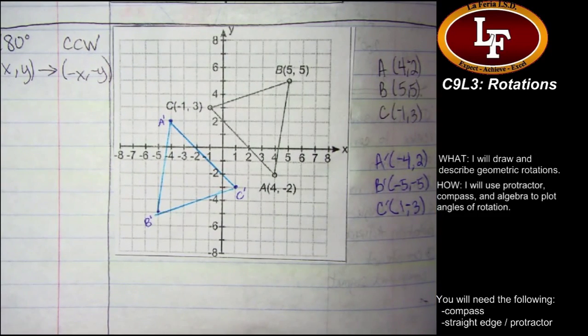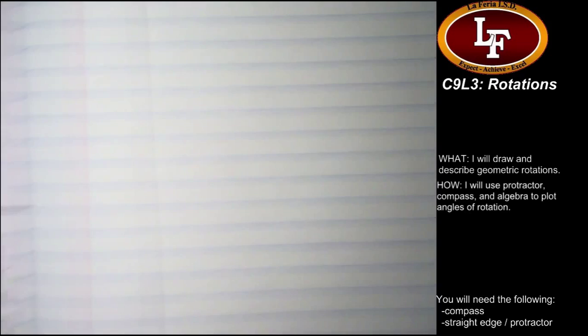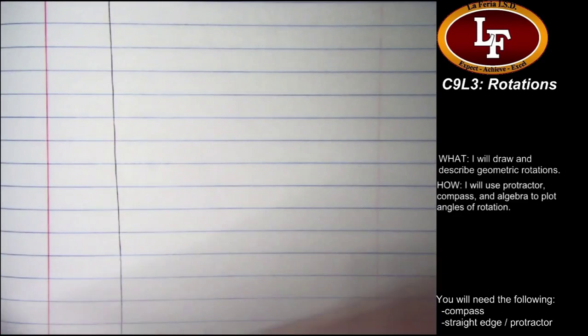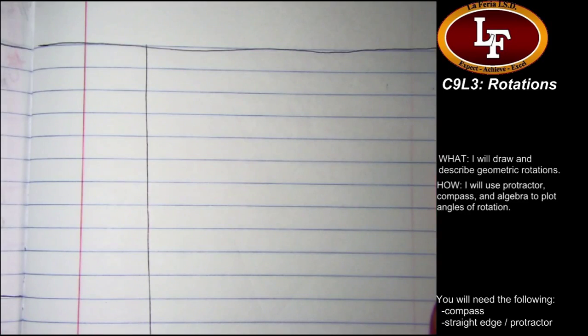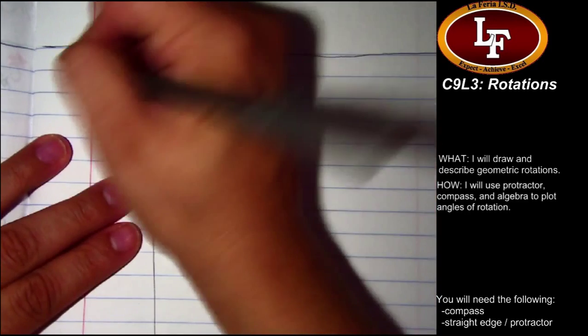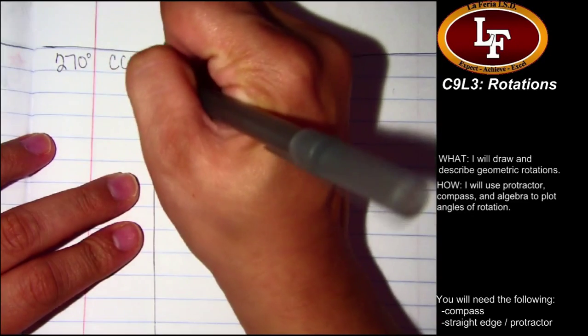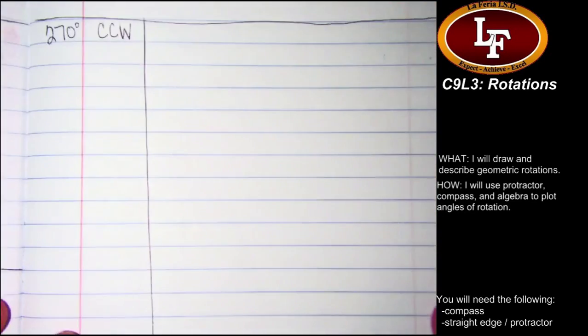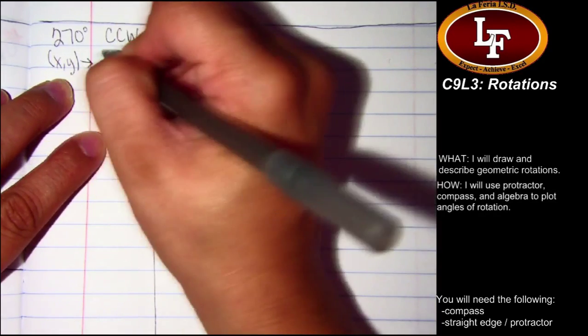All right, nicely done. On to the next one. I'm out of room on this sheet of paper. You probably are too, so go ahead and follow me over to the next page. It's going to be the trapezoid. We're going to do a 270 degree counterclockwise rotation. And what this asks you to do to the coordinates is this.